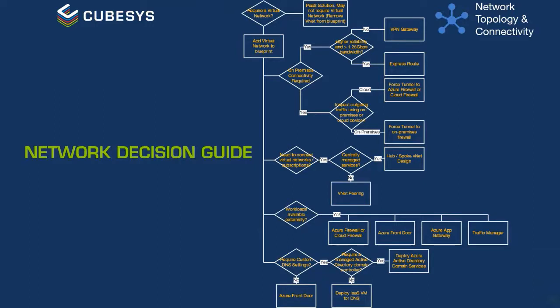Or you might need to consider the hub and spoke design, where you've got a central hub where you want everything centrally managed and all the network connectivity goes through. And if you don't need that, you might just be able to get away with some VNet peering, connecting your VNets together by peering them.